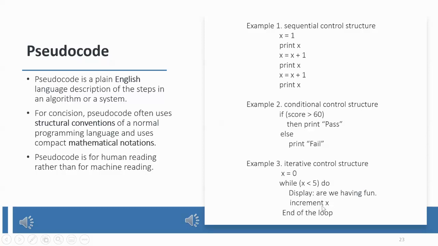The loop body consists of two statements in the example. First, display, are we having fun? Then increment x. It will go back to check the condition. If x is smaller than 5, it will do the loop body again. Otherwise, it will leave the loop body to execute the statement below.